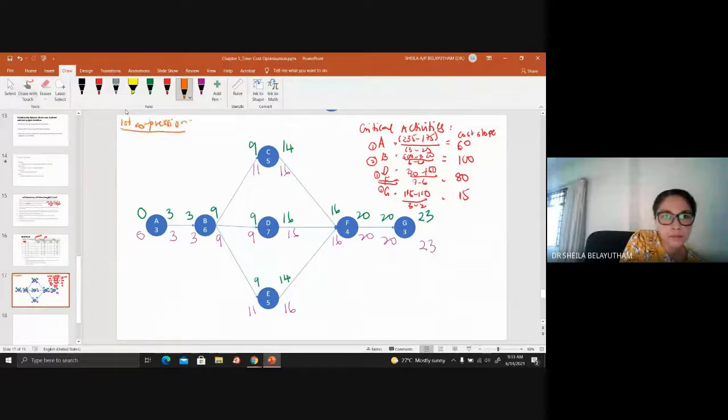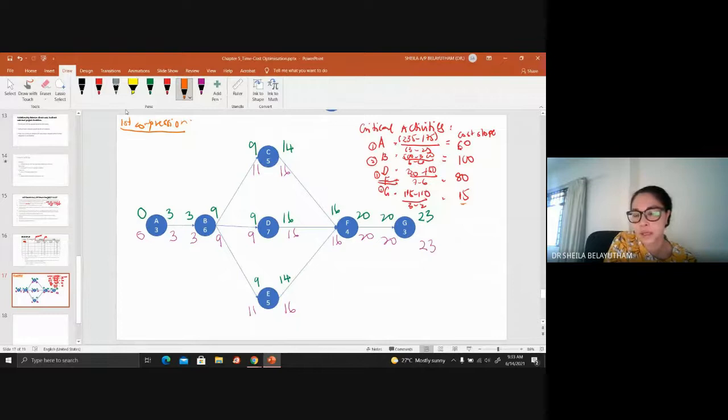The first compression means that we want to select activities among the critical path. We usually start with the lowest cost load. So usually we start reducing based on the lowest cost load. If it is possible to reduce the duration, you have to see. Sometimes the lowest cost load, but your critical activity cannot reduce the duration. So it depends. There are circumstances as such.